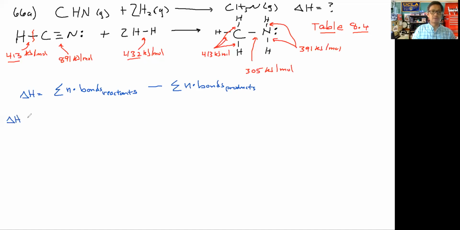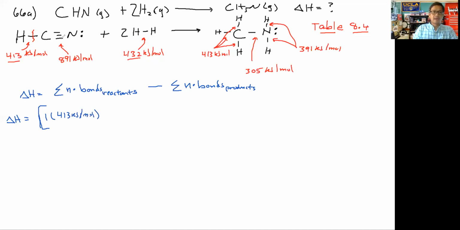Starting with the reactant side first. We have one carbon-hydrogen bond on the reactant side, so that's going to be 1 times 413 kilojoules per mole.